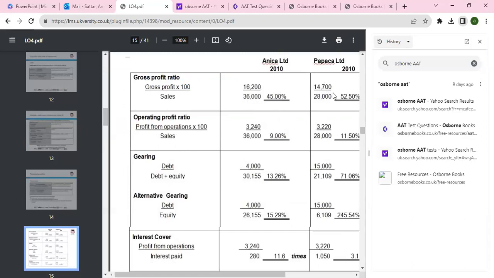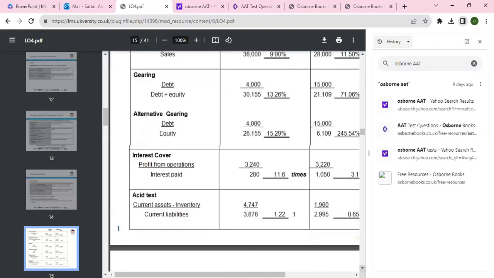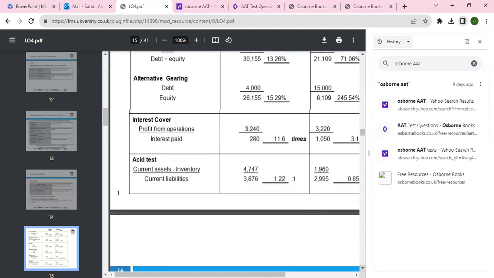According to the profitability ratio, Papika performed better. But when we look at the gearing ratio, it is very high for Papika, so Anika is less risky, and the interest cover ratio is less risky for Anika as well.